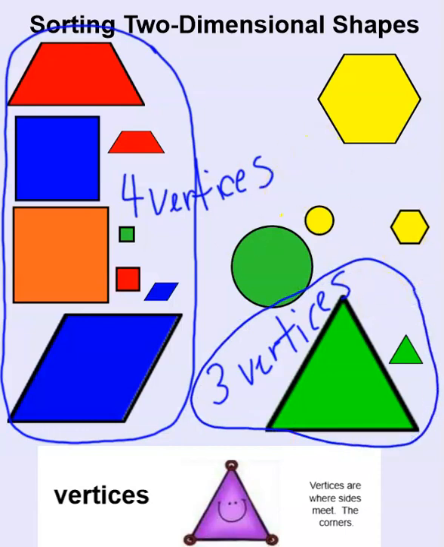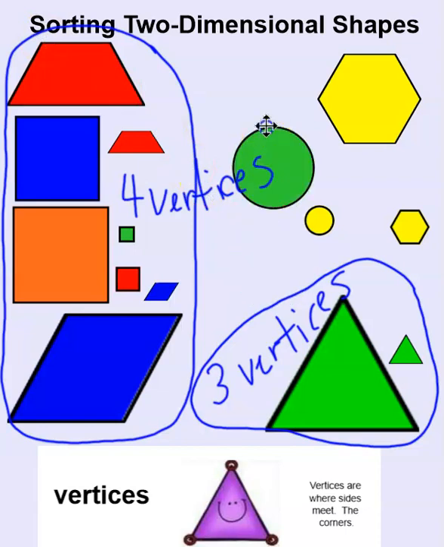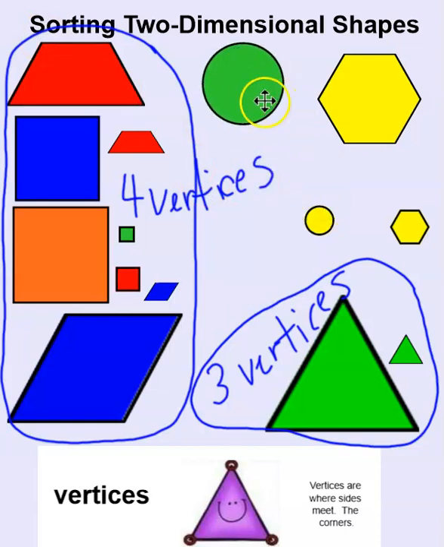Now, what about our circle? Remember that vertices is where the sides meet. And these just go around in a circle. They do not have a corner where they meet. So these are not going to have any vertices.